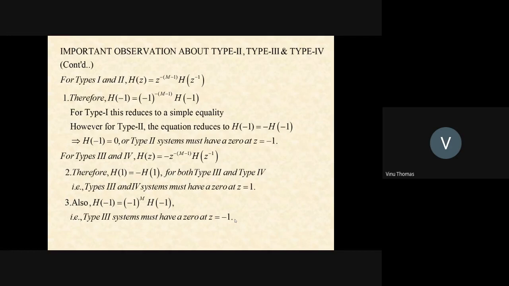You simply have to substitute z equal to minus 1 and see whether it is reducing to 0. But for type 2, you can definitely say that there is a 0 at z equal to minus 1. For types 3 and 4, you see that there is a 0 at z equal to plus 1. And for type 3 system, you also see that there is also a 0 at z equal to minus 1.